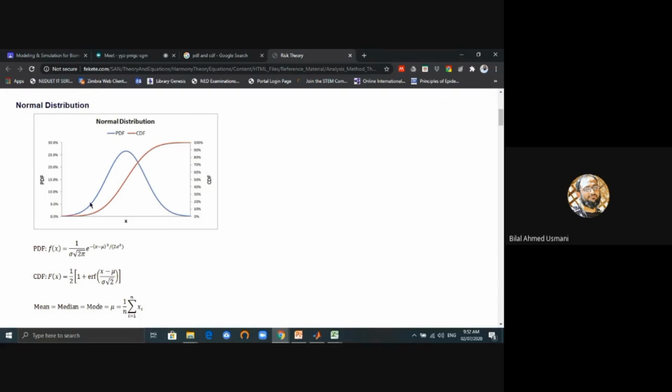A PDF is the individual probability per value of the random variable x in this example, and it shows the relative change in probability with respect to individual values, whereas the cumulative change is represented as a CDF.